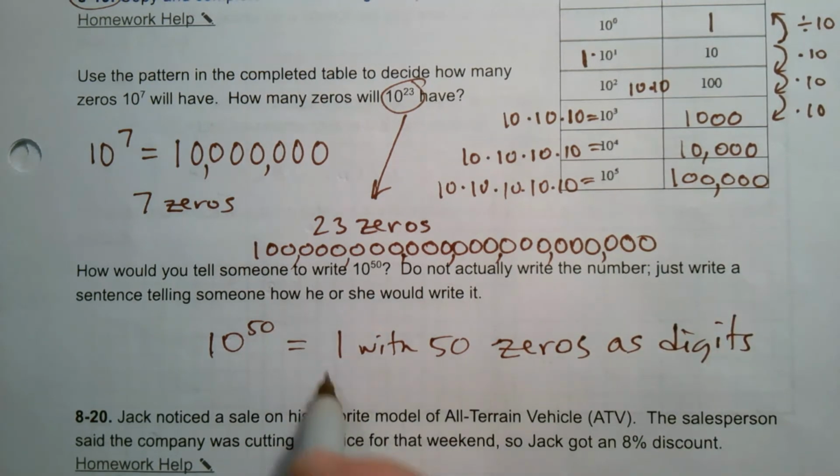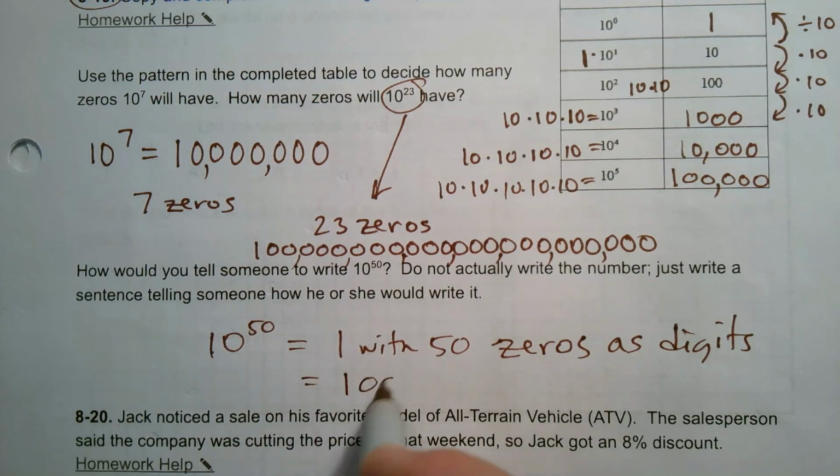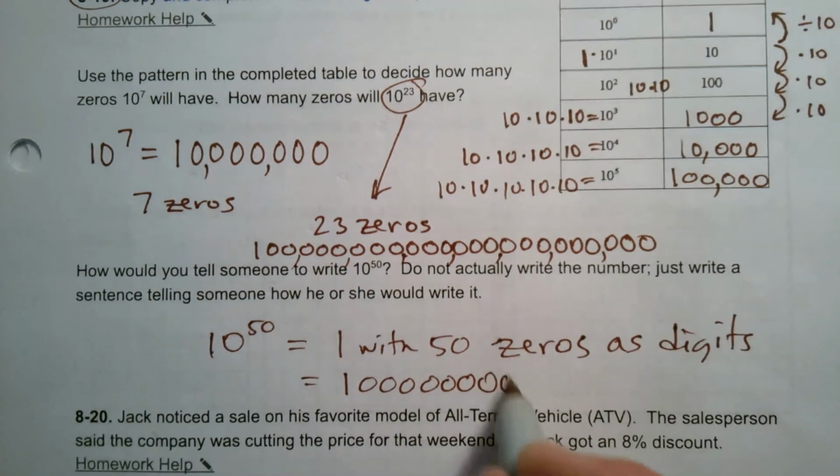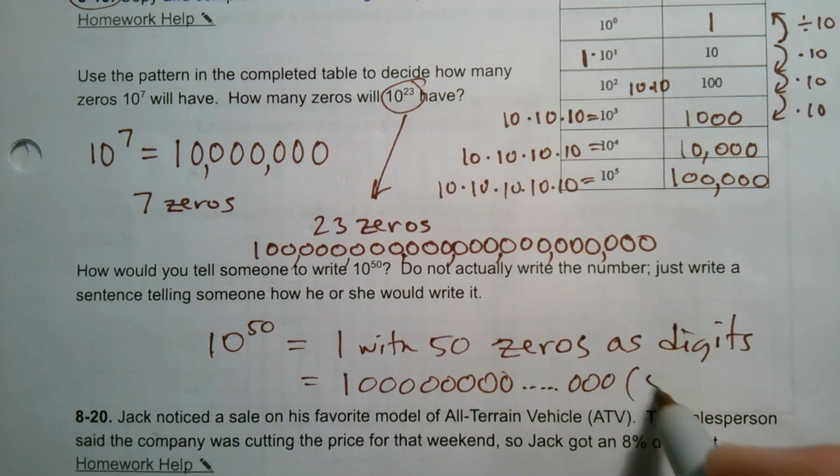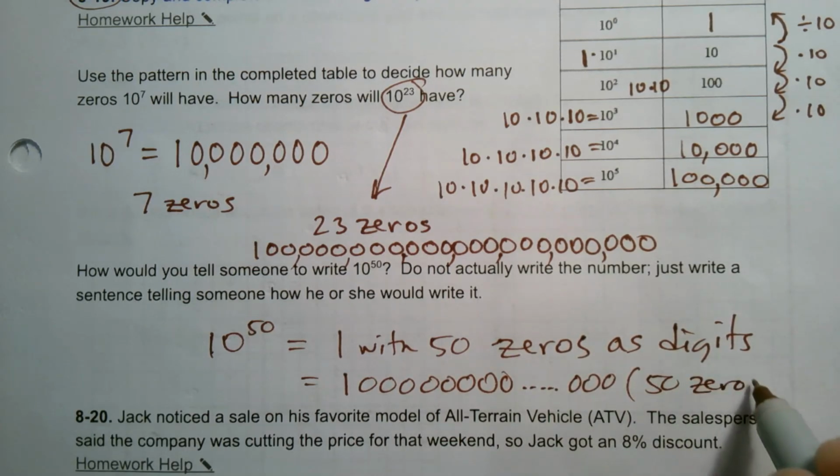So it's 1 with 50 zeros, or we can say 1 0 0 0 0 0 0 0 0 dot dot dot 0 0 0, and that would be 50 zeros. You can explain it that way. Okay, all right, there we go.